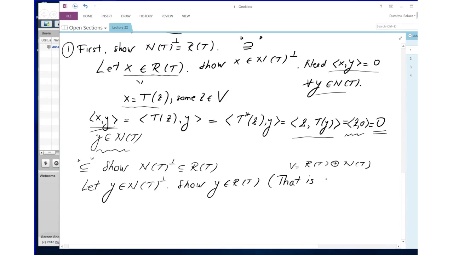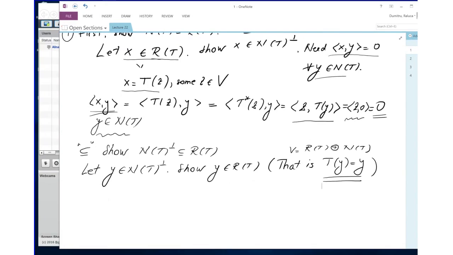So being in the range is equivalent to T of Y equals Y, because projection onto the first space, right? When you apply T to that element, it just gives you the part from R of T. So Y belonging to R of T is equivalent to T of Y being equal to Y. So this is what we need, that T of Y equals Y.